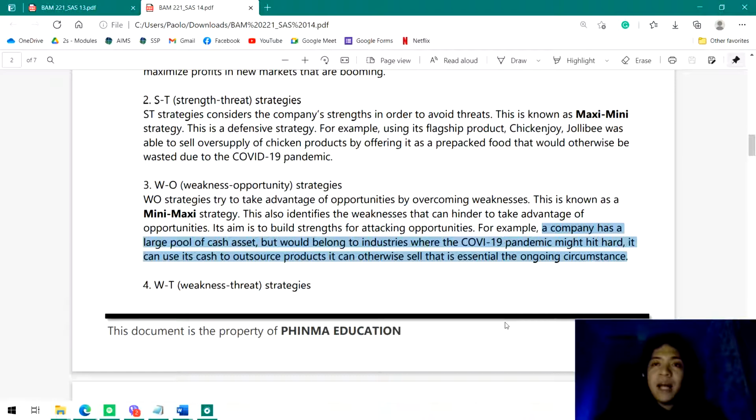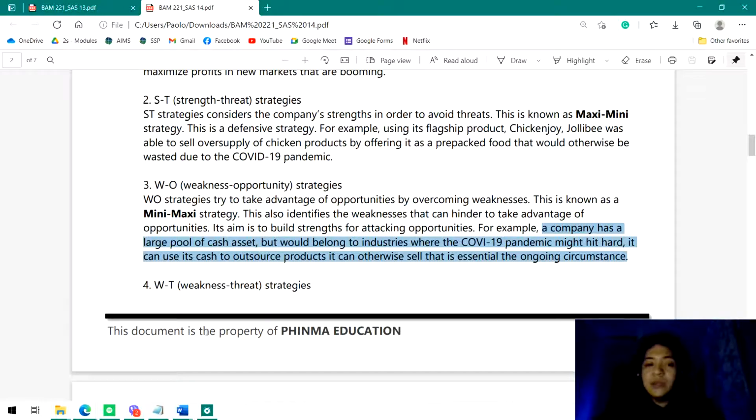So yung pera dapat na ilalaan nila to operate those physical stores, ginawa na lang nila is naghanap sila ng paraan para mag-produce ng mga PPE products or mag-produce ng mga face mask, nag-produce ng mga equipments na makakalaban or very essential for the COVID-19 pandemic. So yun lang naman yung para nakikita ko na pinaka pwedeng example ng mini maxi strategy.